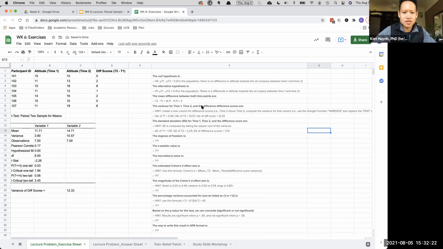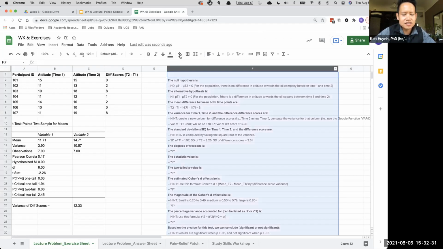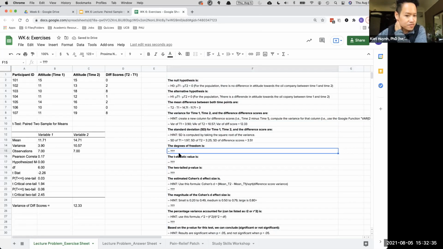Let me make this a little larger so we can see better. Next, the degrees of freedom is listed in this output table. DF stands for degrees of freedom, is 6.00.